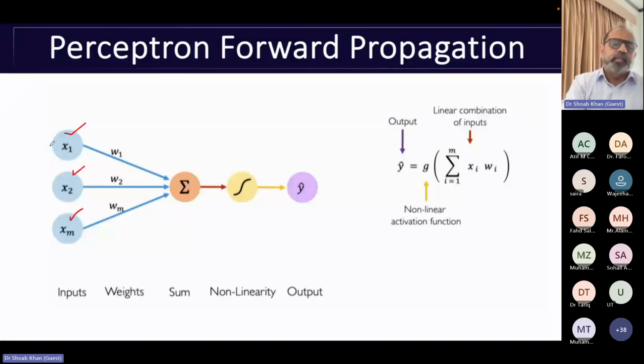In our case, if it is an image stretched out, it is pixel number 1, pixel number 2 of the red channel, and this is pixel number 3072, I think. And you have this many weights. If there is only one decision, the output is only one; if there are 10 outputs, then you are going to have 10 of these.